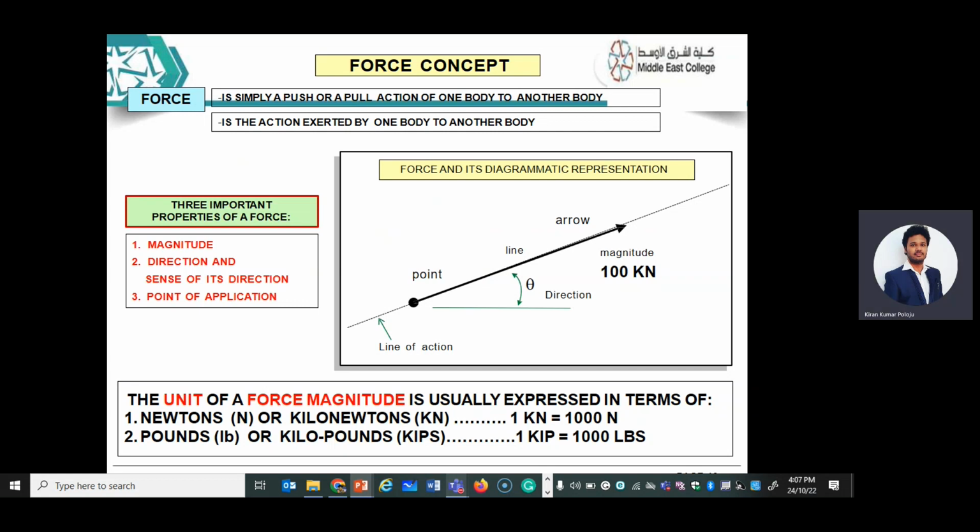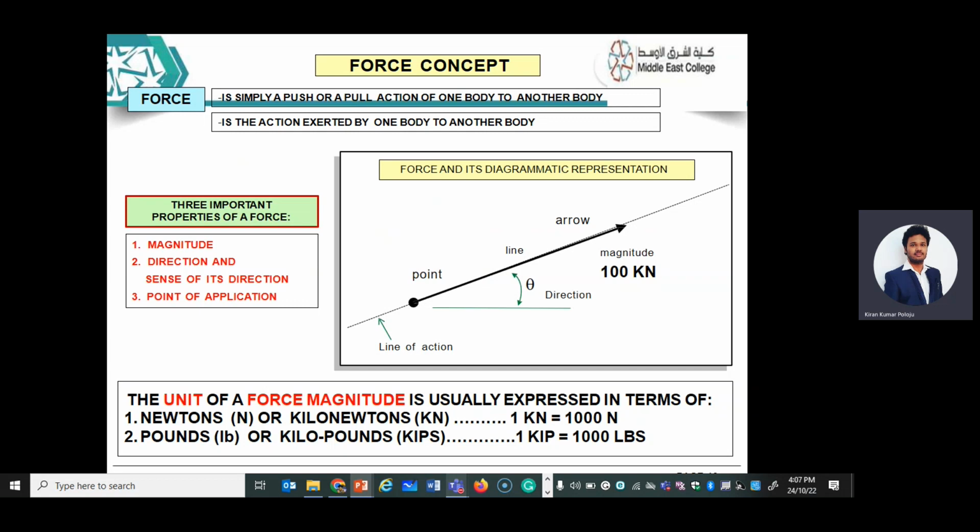Every force has magnitude, direction, and point of application. For this force, what is the magnitude? Let us say a 10 kilonewton load is acting on this beam. It means the magnitude is 10 kilonewton. If I say this is 5 kilonewton, then the magnitude of this force is 5.